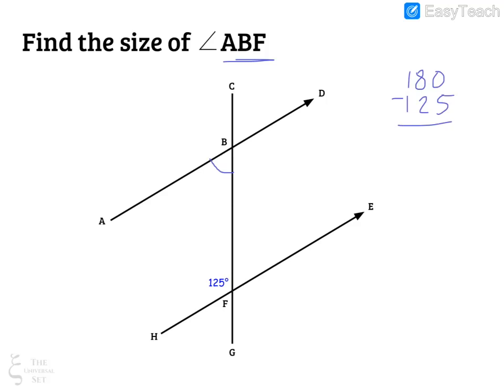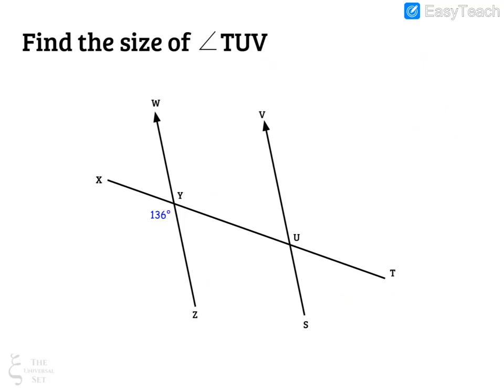Can't take 5 from 0, so we're going to do a wee borrow. 10 take 5 is 5, 7 take 2 is also 5, 1 take 1 is nothing, so I've got 55. 55 degrees, there we go. So I would write as my answer angle ABF equals 55 degrees.